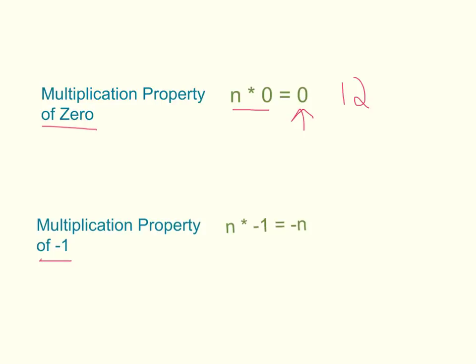So if you have 12 times 0, it is always equal to 0. And then the multiplication property of -1, you multiply by -1, just means you keep the number but make it negative. So 7 times -1 equals -7. And that's it.